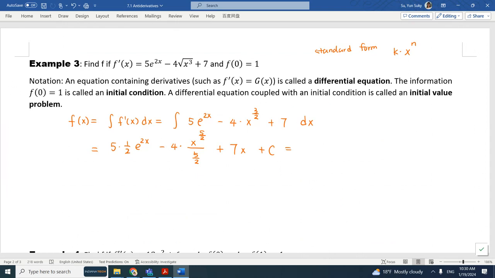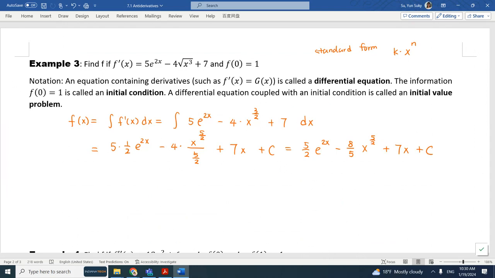We have 5 over 2 e to the 2x. What is 4 over 5/2? Dividing by a fraction is the same as multiplying by the reciprocal. The reciprocal is 2 over 5. So minus 8 over 5 x to the 5/2 plus 7x, and then plus c.